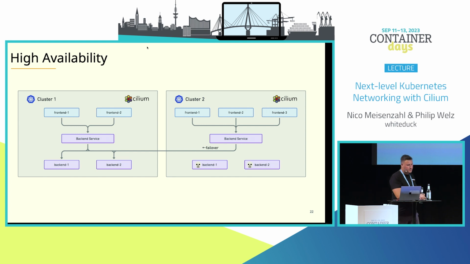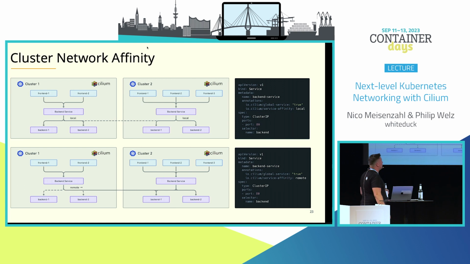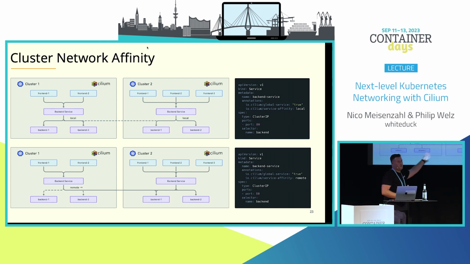to the second cluster. What we can also do is network affinity, where we specify that the services are local until this route becomes unavailable and automatically switches directly to the other. So we can really annotate this. Every service needs to be marked as global.